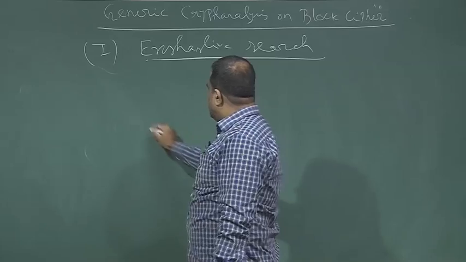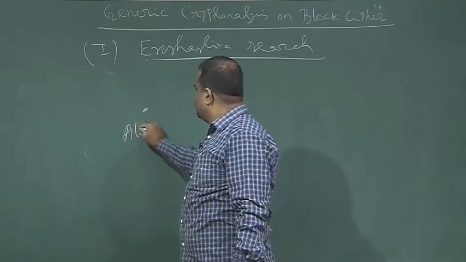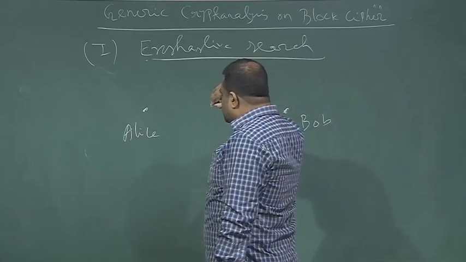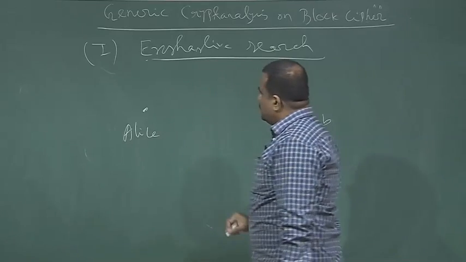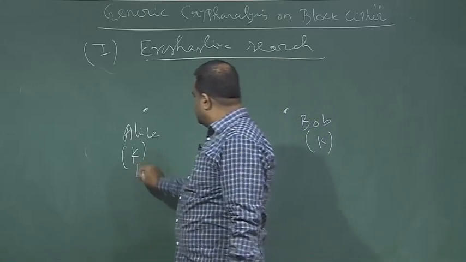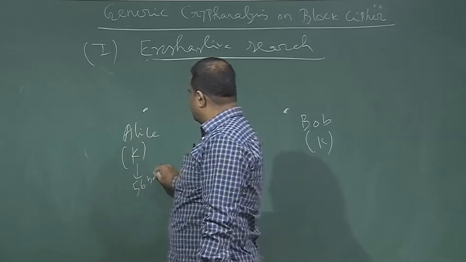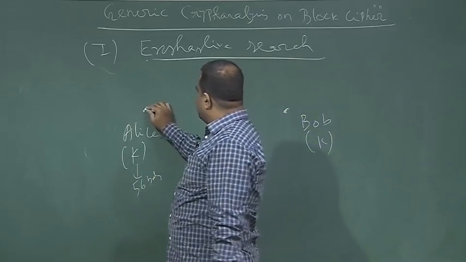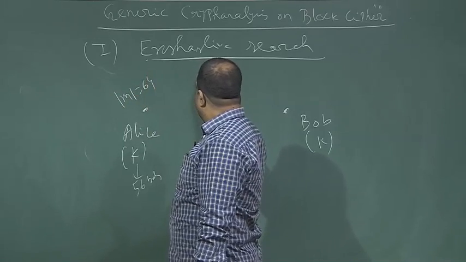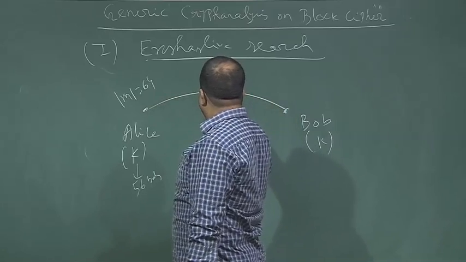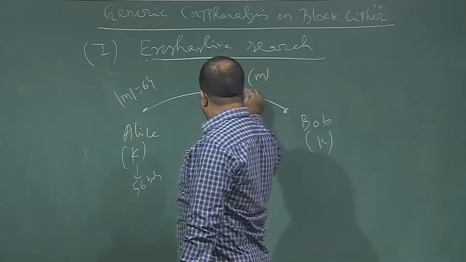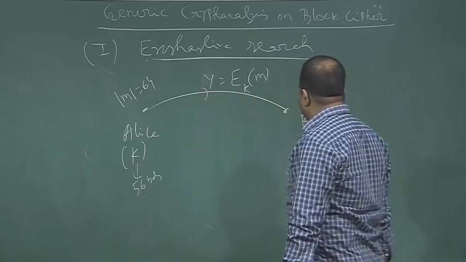Suppose we have Alice and Bob communicating over the public channel using DES, and they agree on a common key, a 56-bit key. Alice chooses a 64-bit message, encrypts it using the key K with DES encryption, and sends it to Bob.